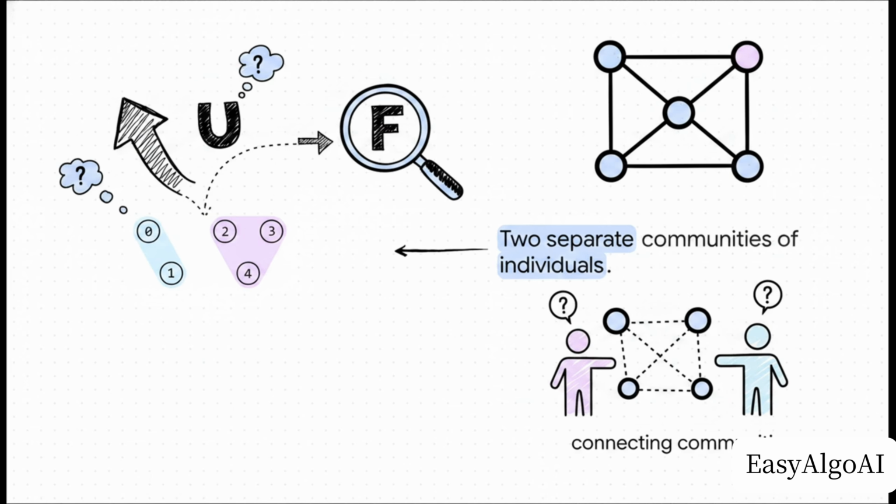As the name heavily implies, this structure manages sets of disconnected elements using two main actions. You've got the union operation, which takes two elements from completely different sets and merges those sets together. Then you've got the find operation, which just figures out exactly which set a specific element currently belongs to. So in the context of our problem, union connects the communities, and find helps us figure out whose community is whose.